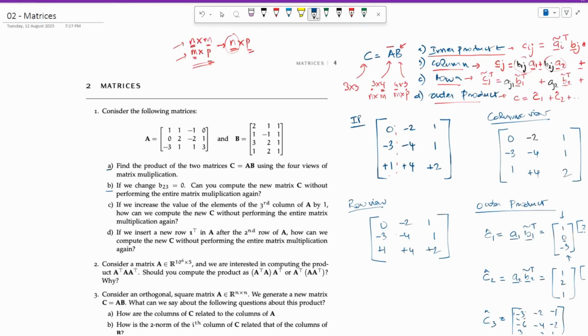So let's say we've computed the product of A and B and obtained the matrix C. Now, if somebody comes and says there is a mistake in B, and that B23, the second row, third column element of the B matrix, is actually 0.